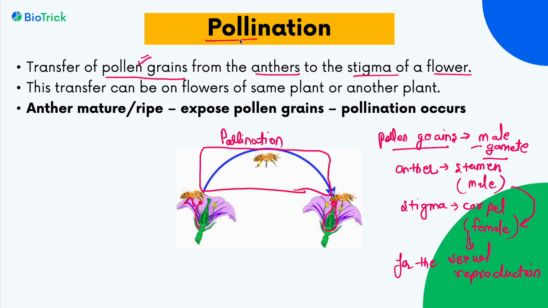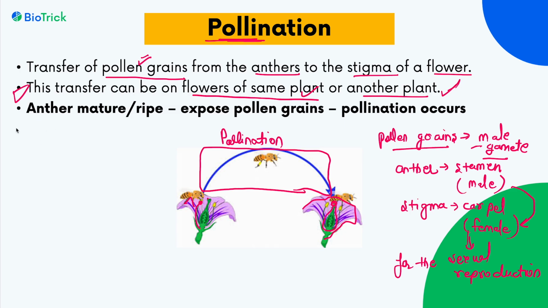As the name suggests, pollination is transfer of pollen grains. Now this transfer can be on flowers of the same plant or another plant. Insects can transfer these pollen grains from one flower to another flower of the same plant or another plant.